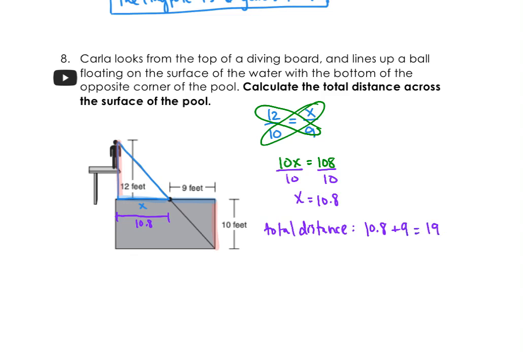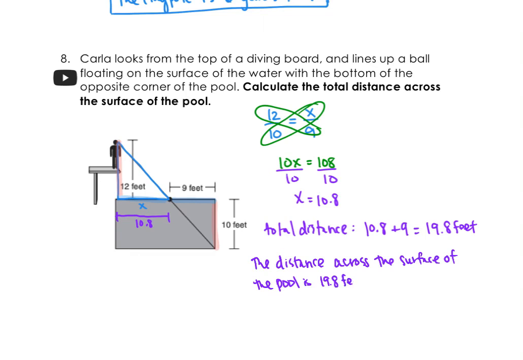So it's going to be 19.8 feet. So the distance across the surface of the pool is 19.8 feet long.